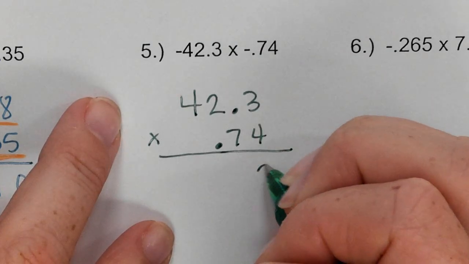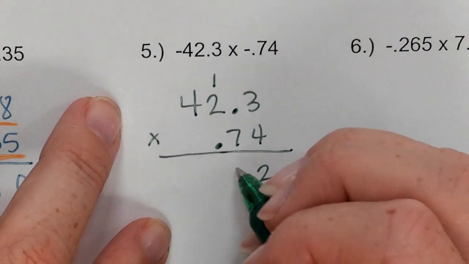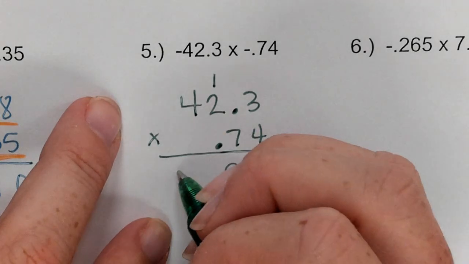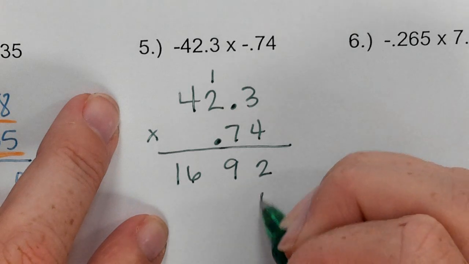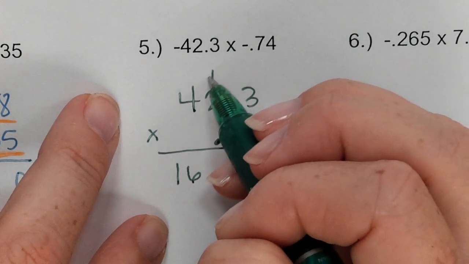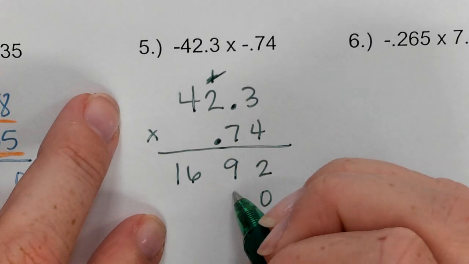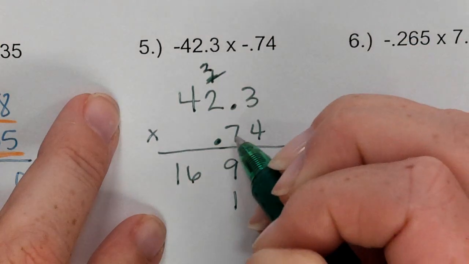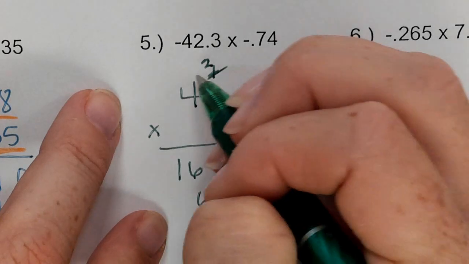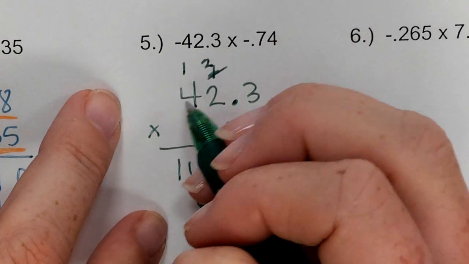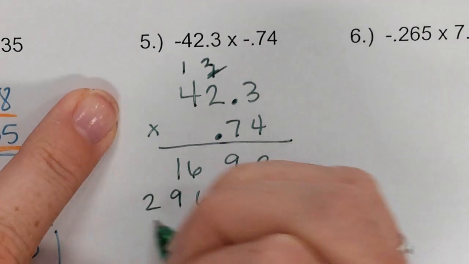4 times 3 is 12. Carry my 1. 4 times 2 is 8, plus 1 is 9. And 4 times 4 is 16. Before I move on, I've got to put a placeholder of 0. And I'm going to do what to this 1? 7 times 3 is 21. 7 times 2 is 14, plus 2 is 16. 7 times 4 is 28, plus 1, 29.